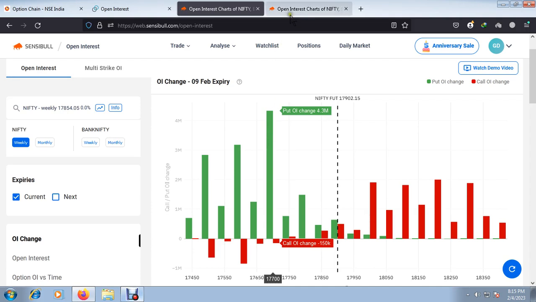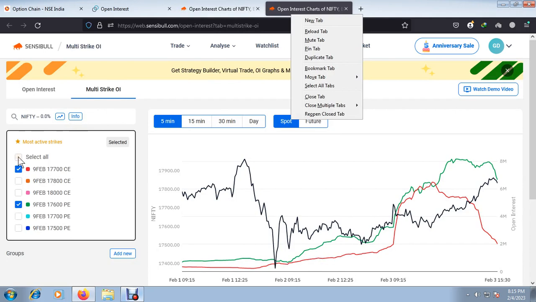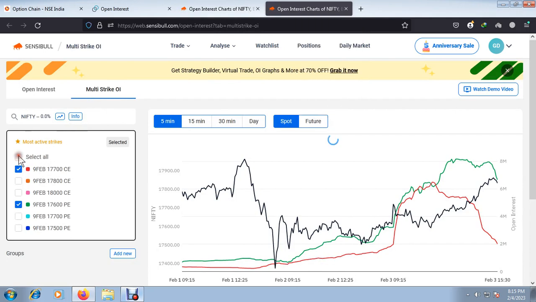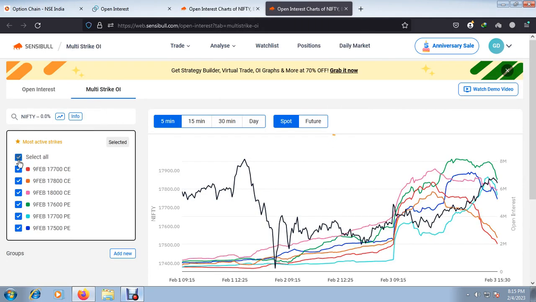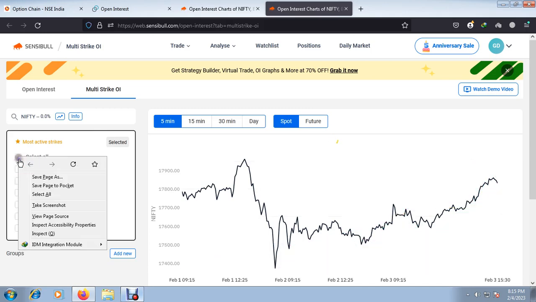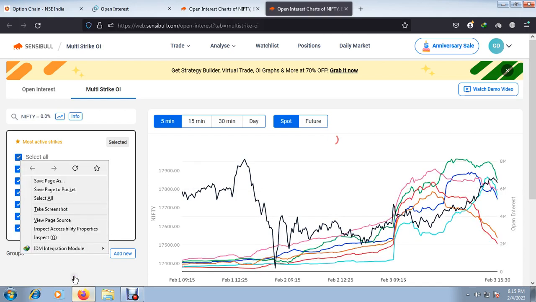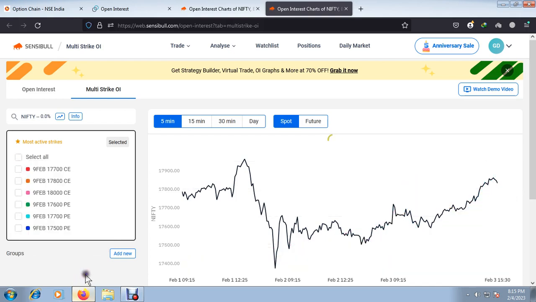If you want to see this, you have to click here on multi-strike OI and click select all. It will show all the strike prices which are currently active, which are having the highest open interest. So 17700 was having the highest open interest.